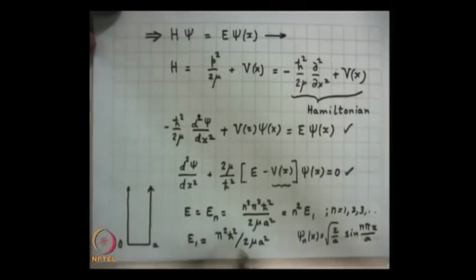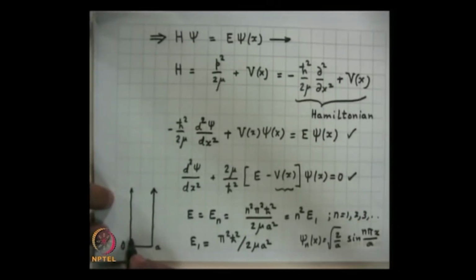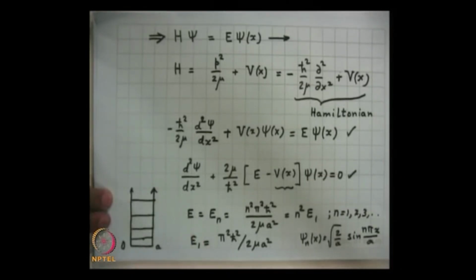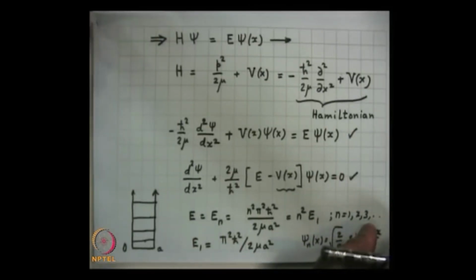In my previous problem, you remember that we had explicitly determined the energy eigenvalues. So, this is my ground state, this is the first excited state, this is the second excited state, this is the third excited state, n equal to 1, n equal to 2, n equal to 3, n equal to 4, etc., etc. So, we do not take a specific form of V of x.